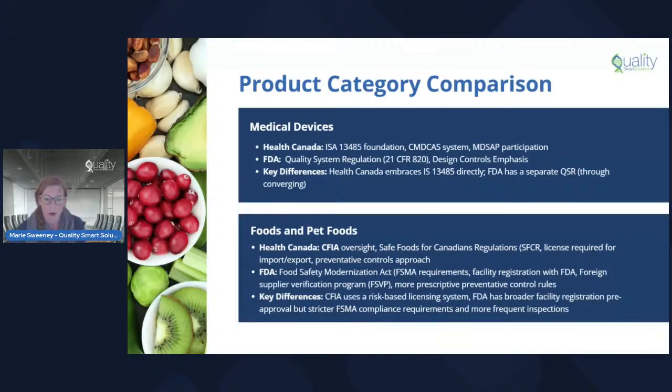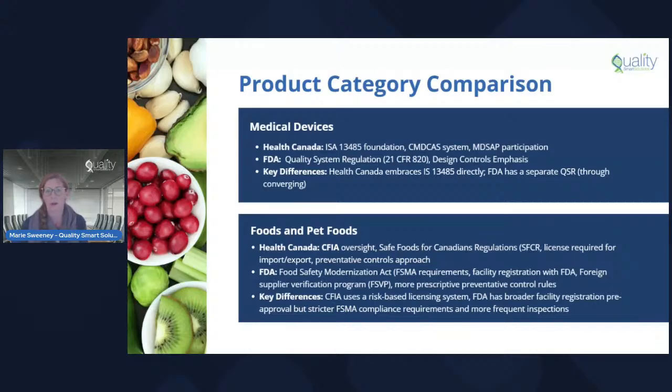And then moving into our pets and pet food differences. In Canada, there is CFIA oversight, which is the Canadian Food Inspection Agency. You are required to follow the Safe Food for Canadians Regulations and Act. A license is required for importers and exporters, and your preventative controls must be in place.